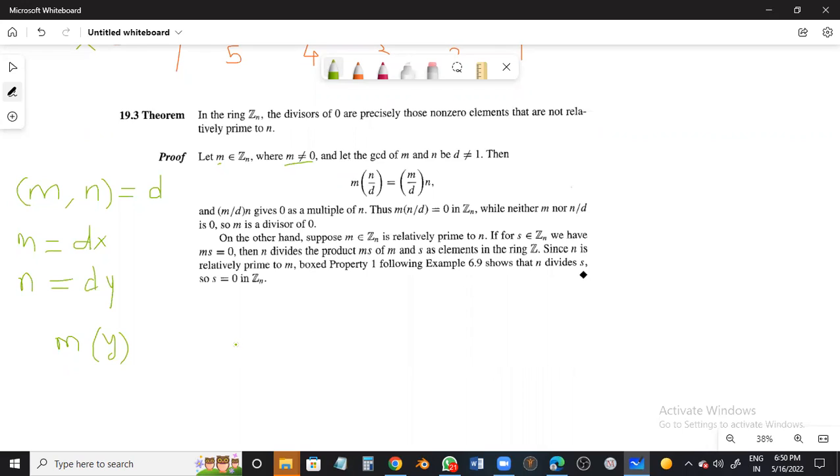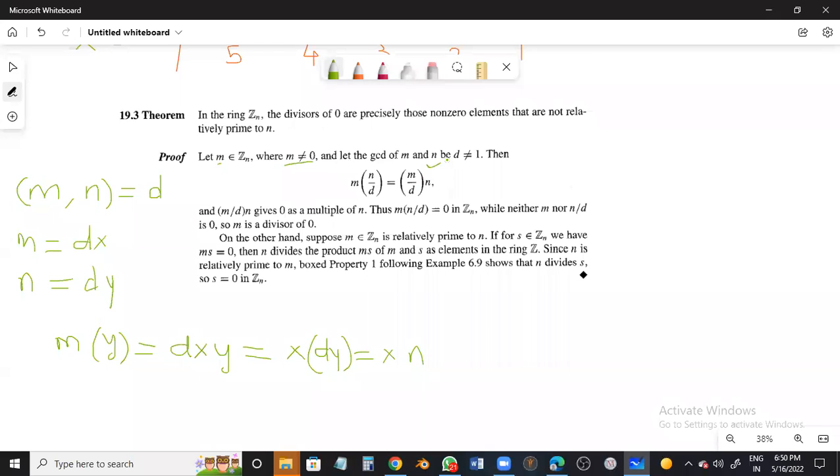And if you take x, so very directly what you can see, this is nothing but d into x into y. Is it so? m is dx into y. So can I take this x aside and multiply dy? So what I got? x into n.